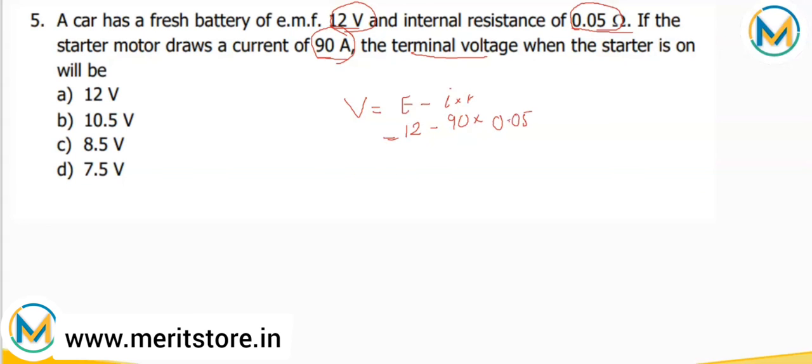Solving this, we get 12 minus 4.5, and subtracting, we get 7.5 volt. So the correct answer among the given options is 7.5 volt. The terminal voltage when the starter is on will be 7.5 volt.